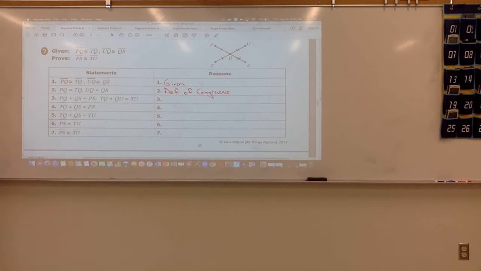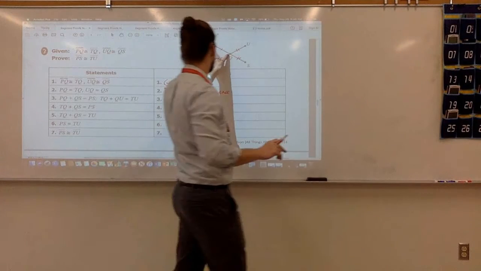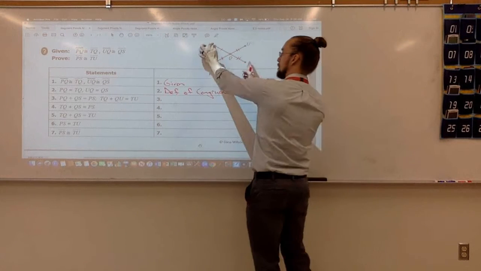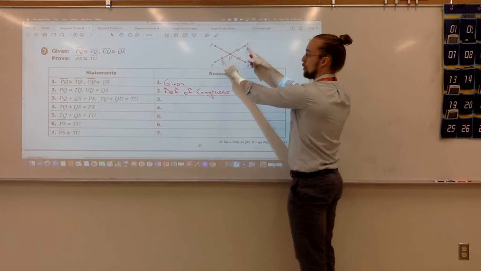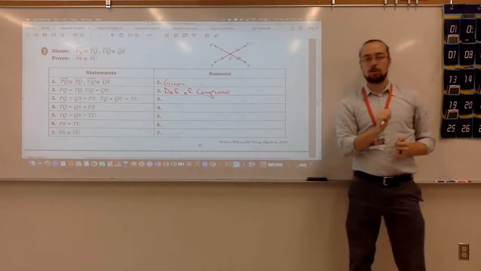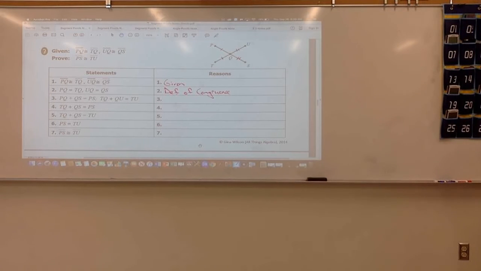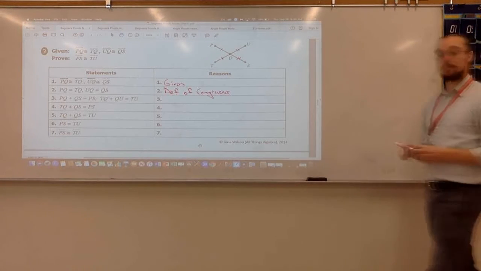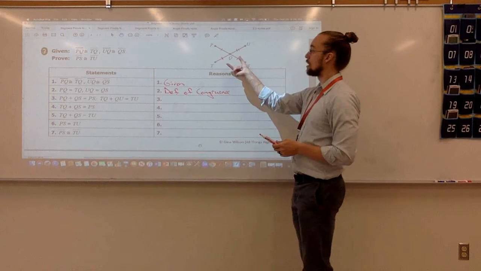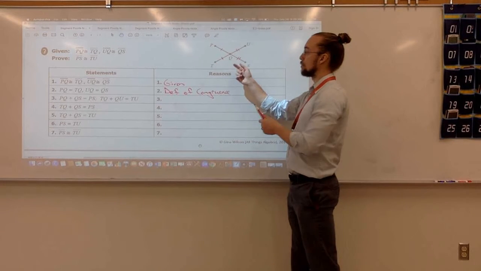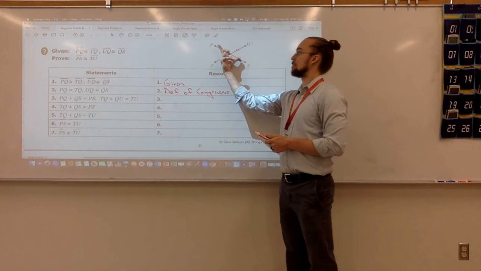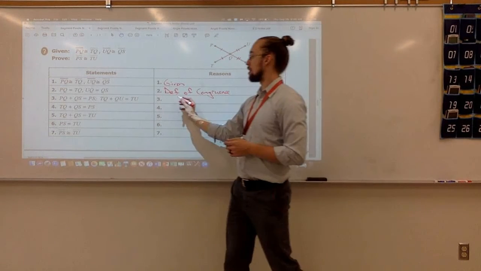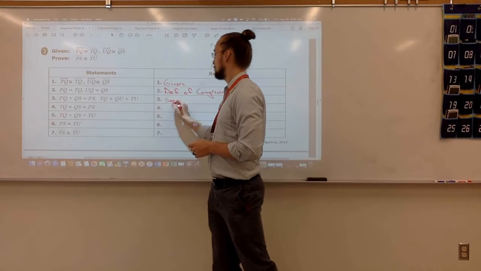So now they claim that PQ plus QS equals PS, and also TQ plus QU equals TU. How can I claim that? Segment addition postulate, right? Looking at the diagram, we're just saying this piece plus this piece equals the whole thing, and this piece plus this piece equals the whole thing. So that would be our segment addition postulate.